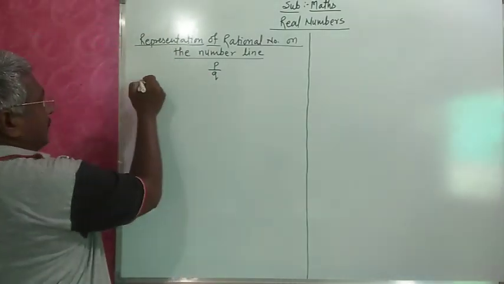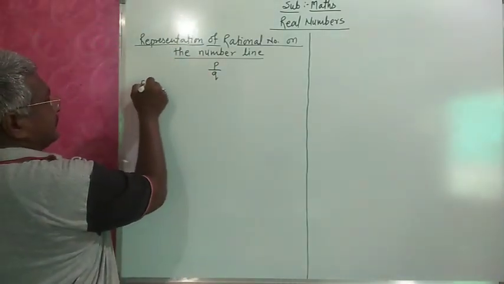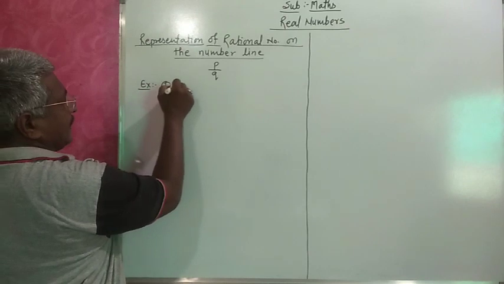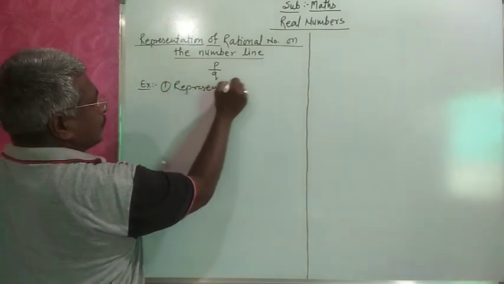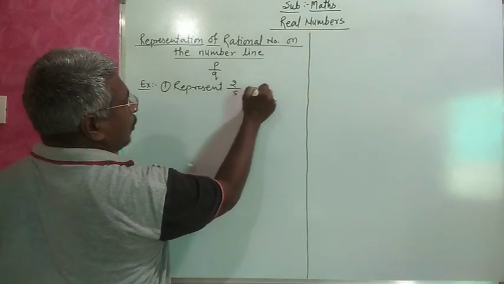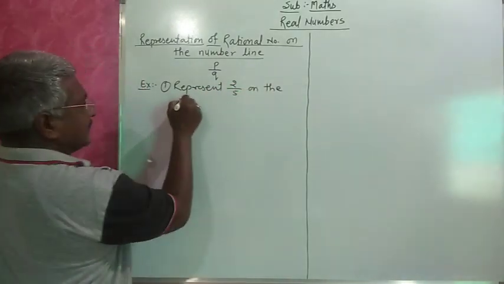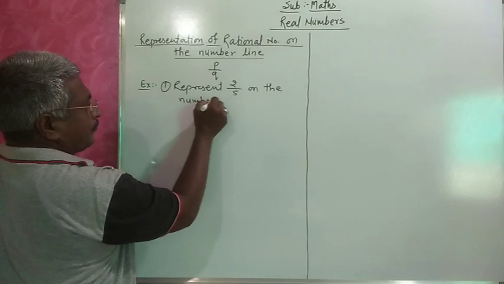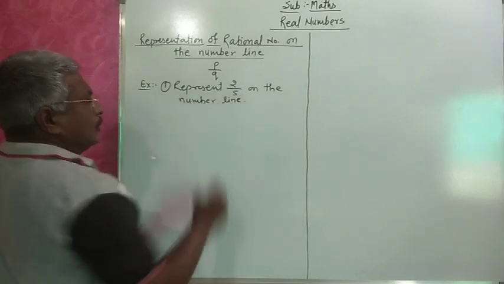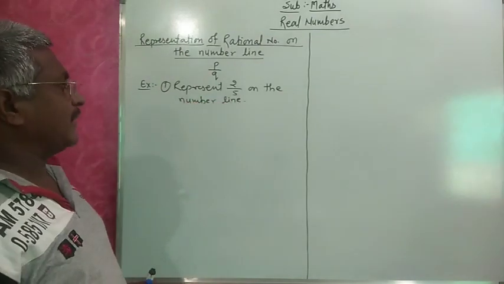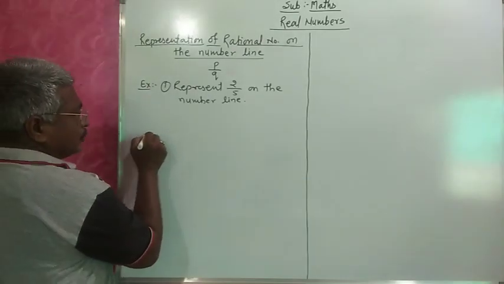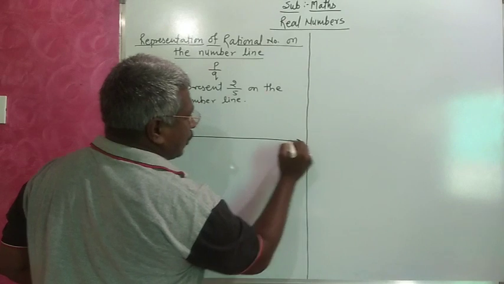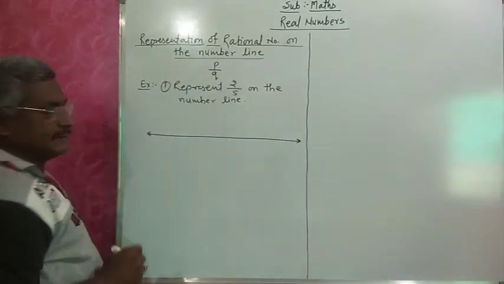For example, we will take: represent 2 by 5 on the number line. How to represent 2 by 5 on the number line? What has to be done? First we have to draw the number line.